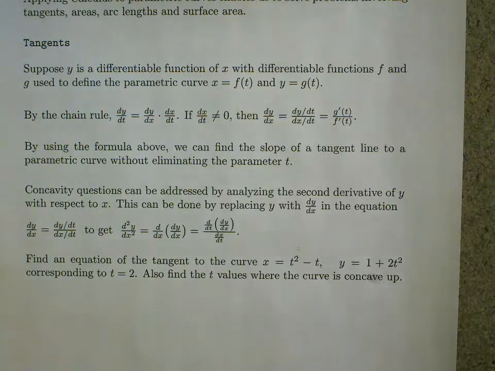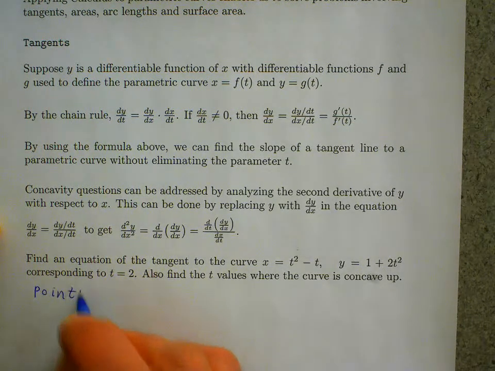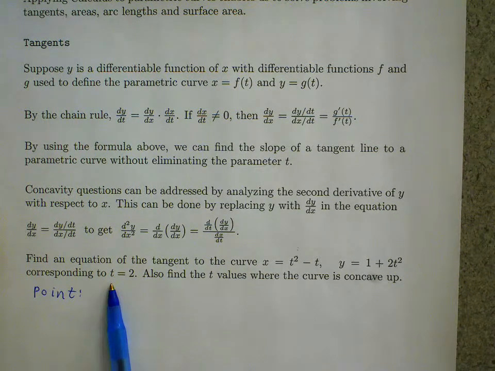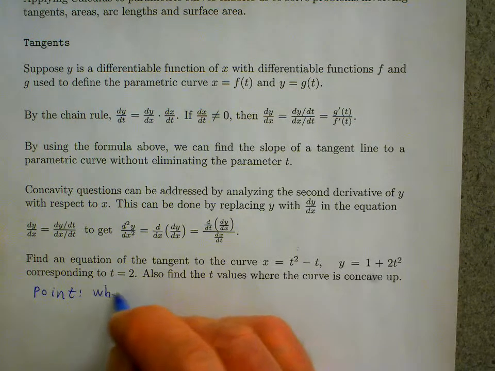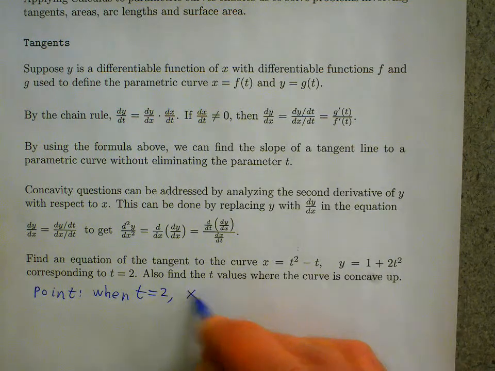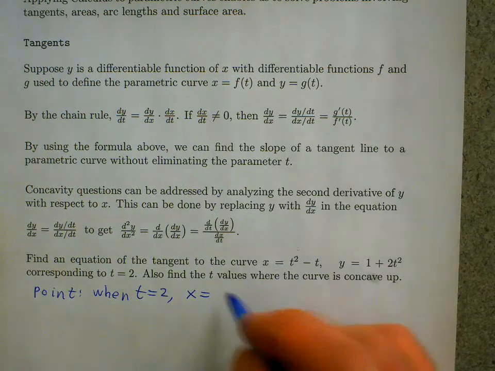So let's find the point first. Well, the point corresponds to the t-value 2. So when t equals 2, x is 2 to the second minus 2, or 2.